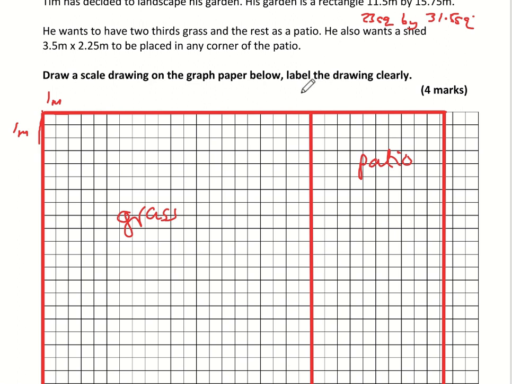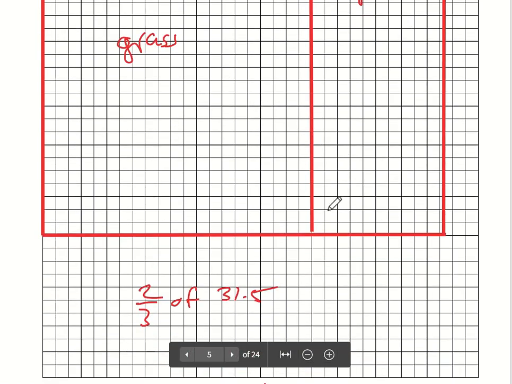And it says he also wants a shed to be placed in any corner of the patio. So remember that 1 metre was 2 squares, so if I double these, that's going to be 7 squares by, if I double the 2, I get 4, and I double the 0.25, I get 0.5. So 7 squares by 4.5 squares, and in any corner of the patio.